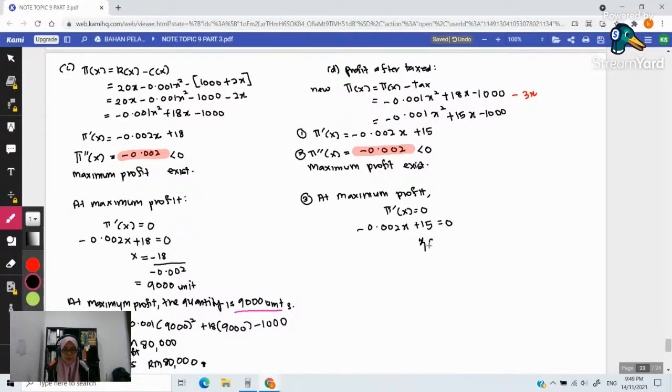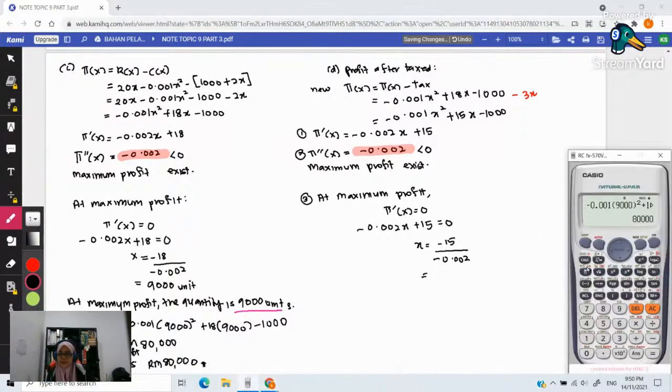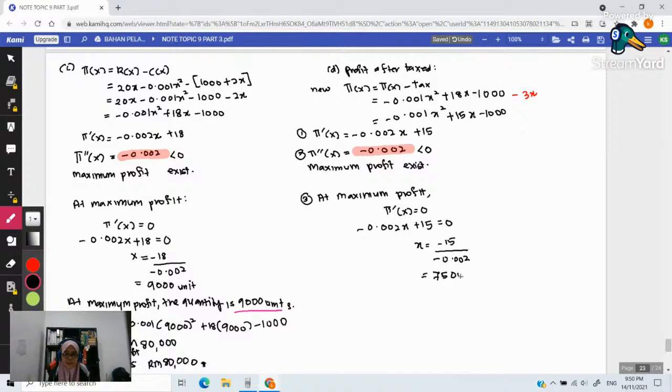So how to find the value of x? x is equal to negative 15 divided by negative 0.002. Let me calculate. Negative 15 divided by negative 0.002, the answer is equal to 7,500 units.